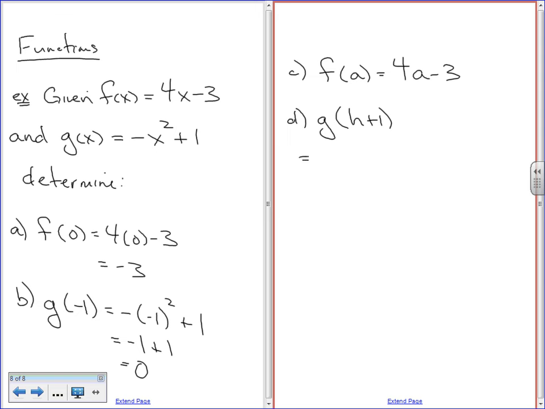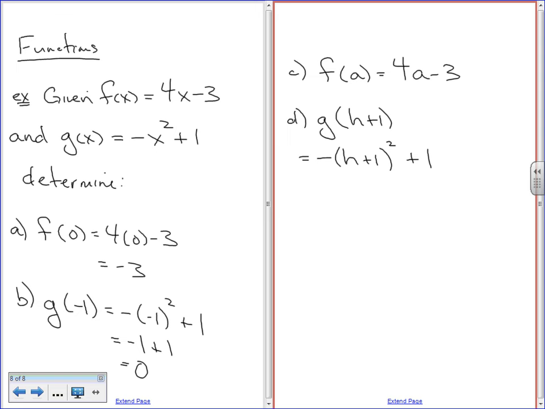So here's my g function, -x squared plus 1. But instead of writing x, I'm going to write down what's inside of the bracket. So negative, instead of writing x, I need to write down what's inside of the bracket and put brackets around it whenever you do substitution. Square it, and add it to 1. Make sense? Same concept, I'm just taking something different and putting it into the x.